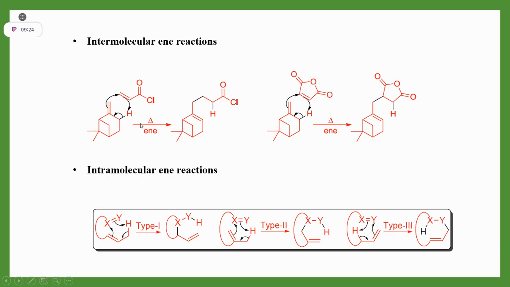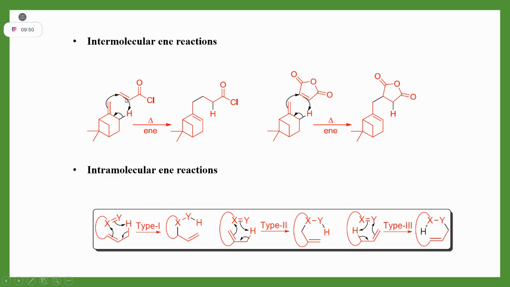Now one thing arises: why this hydrogen? For regioselectivity, you can think of it like this hydrogen is removed as H plus, and this is going to attack here, yes or no?